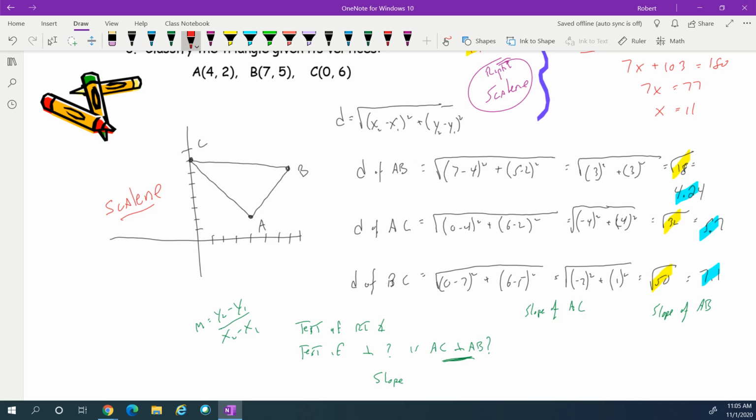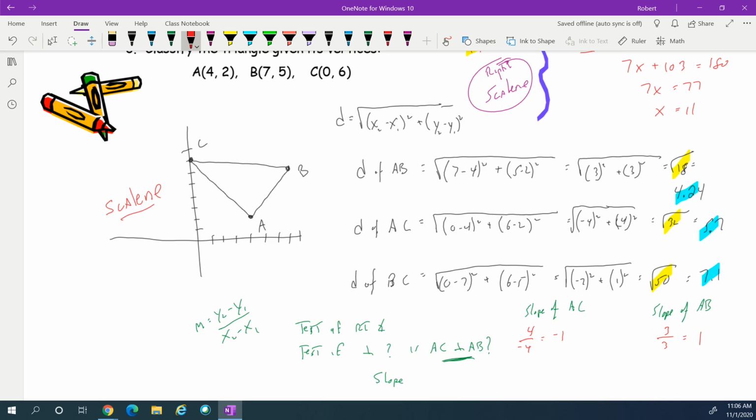So slope is y2 minus y1. So 6 minus 2 is 4 over x2 minus x1, negative 4. So the slope is negative 1. Now look at the picture. It is going downhill, so negative makes sense. The slope of AB, 5 minus 2 is 3. 7 minus 4 is 3.